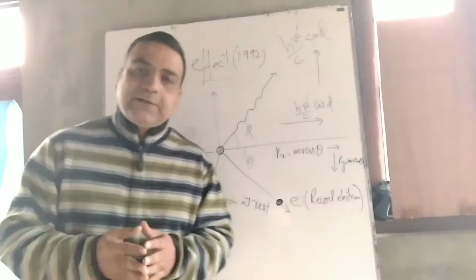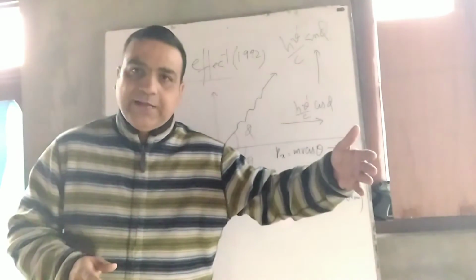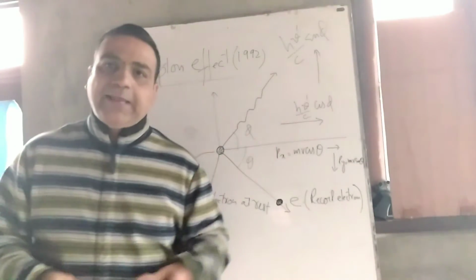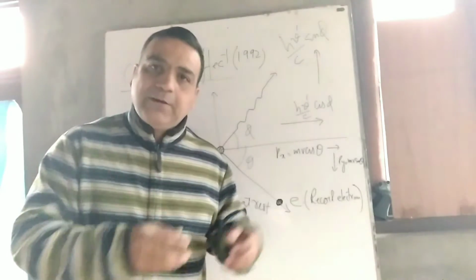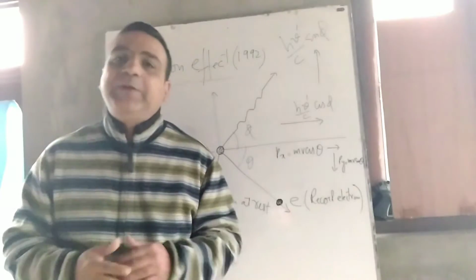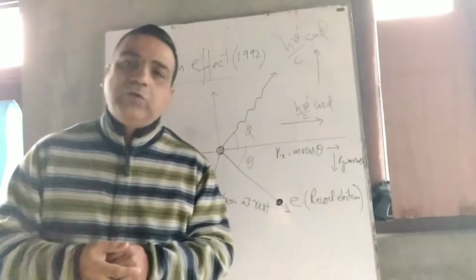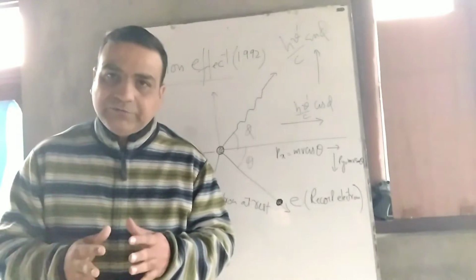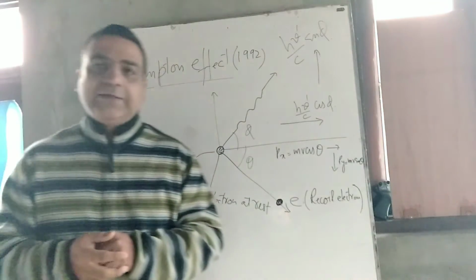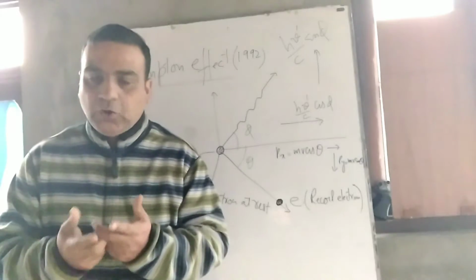And when this ball hits the electron as a target, the collision between the photon and the electron must be elastic. By saying elastic, that means the energy and momentum of the collision must be conserved. So the very first thing is that the collision between the photon and the electron is an elastic collision.